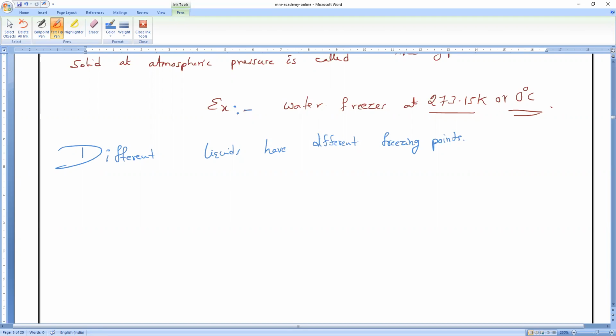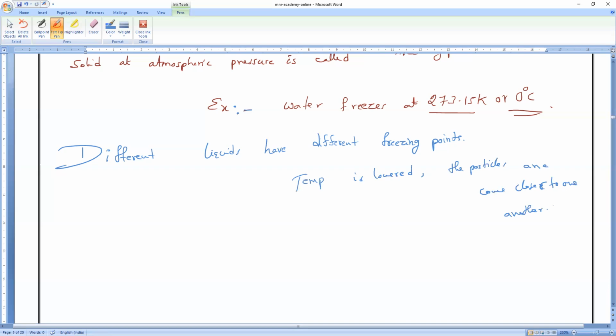So what is happening? When the temperature is lowered, do the particles come closer or move far from each other? They come closer. During freezing, all the particles come closer to one another, and they turn into a solid.